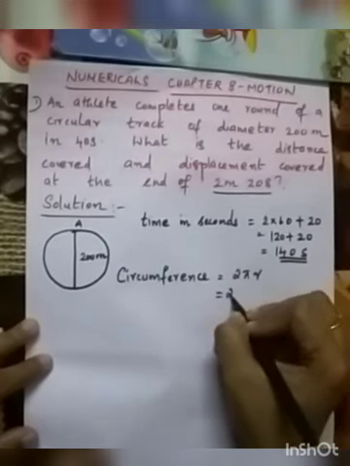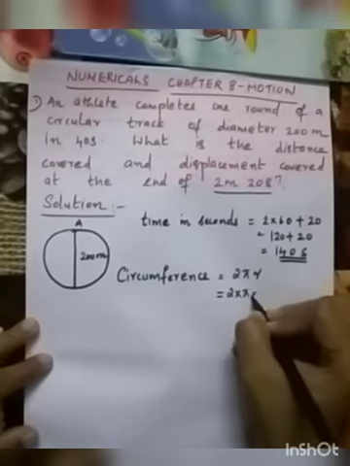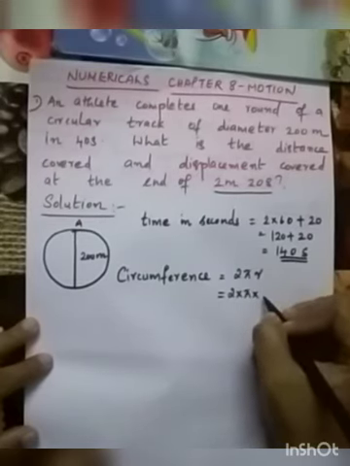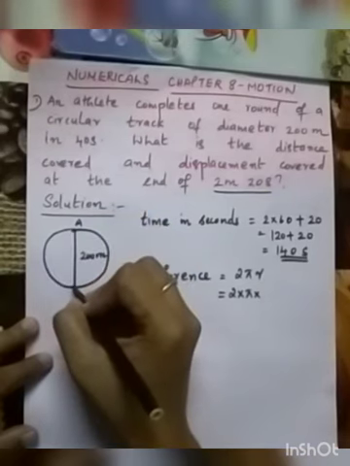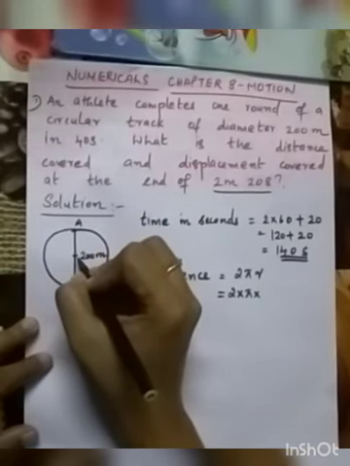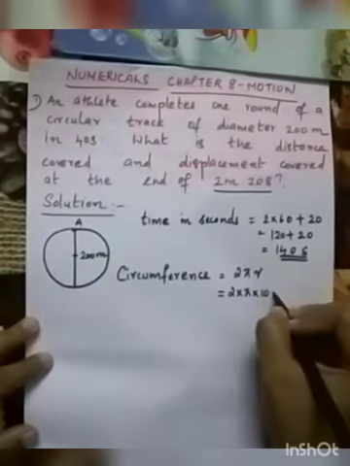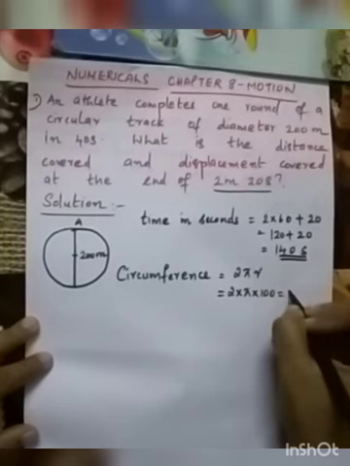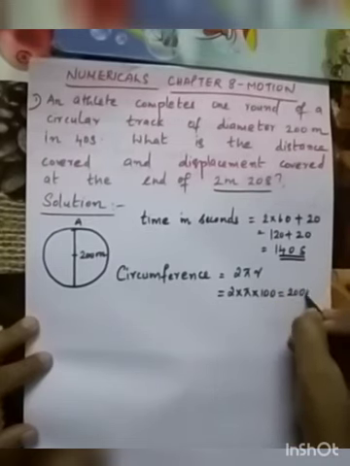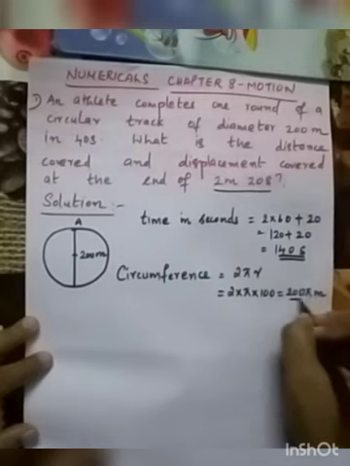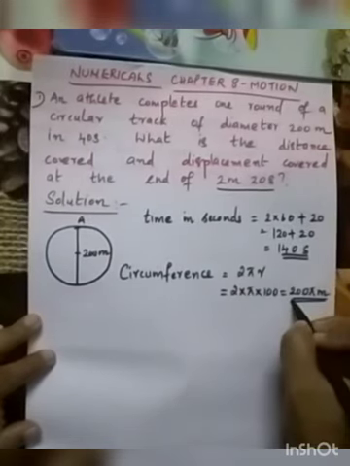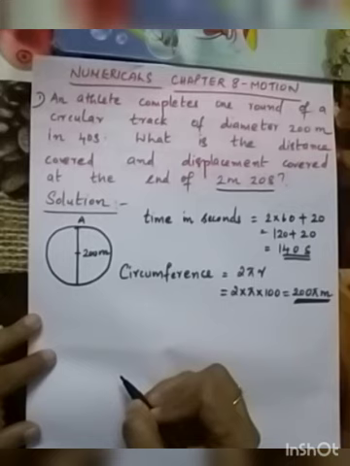Equal to 2 into pi, let it be pi itself, then r, radius of the track. Diameter is 200 meter. So radius will be half of 200, that means 100 meter. So 2 into 100, 200. 200 into pi. So this is the circumference of this circular track.